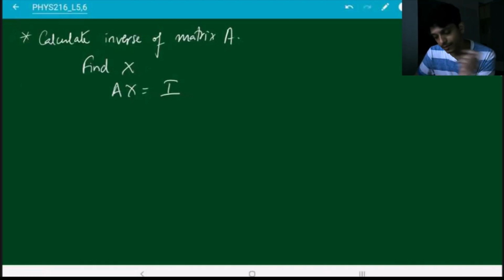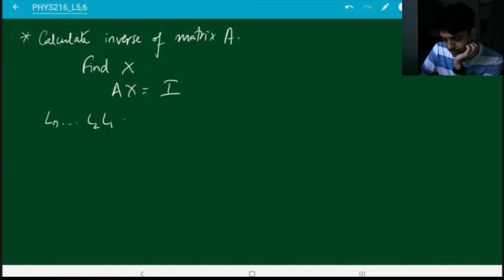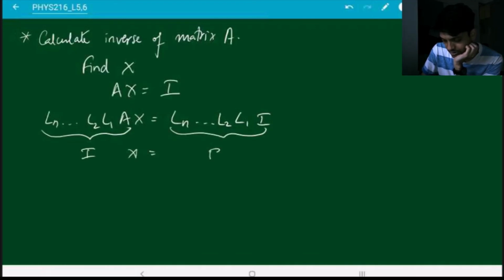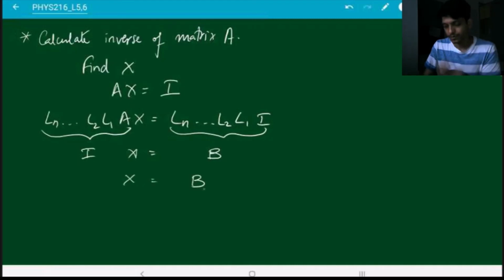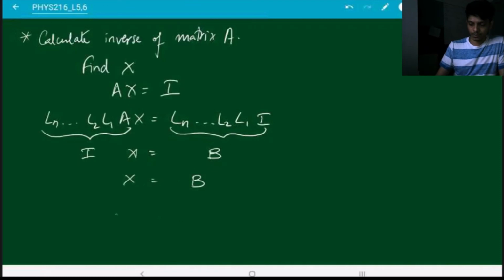Once again, from the left, we will keep multiplying by elementary row transformations such that your matrix A becomes identity. So if I do Ln, ..., L2, L1 AX, which is Ln, ..., L2, L1 identity, such that the left side becomes I times X, and this entire product on the right, let's call it some matrix B. Then basically you have found X equal to B, and X is your A inverse. So A inverse is basically B.